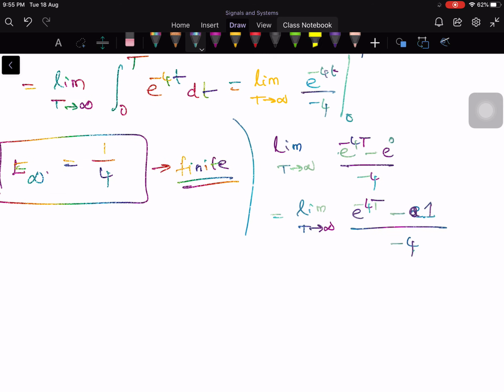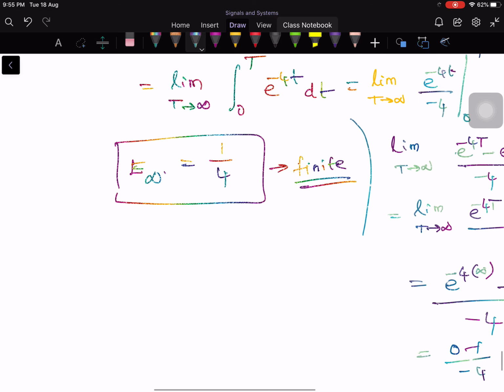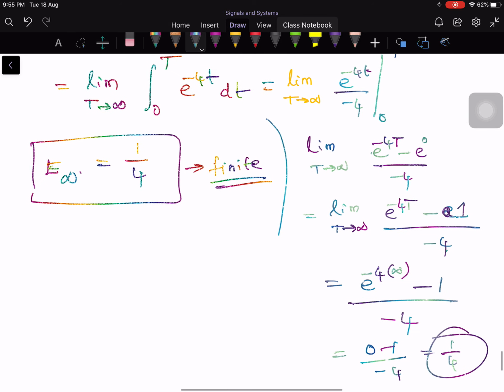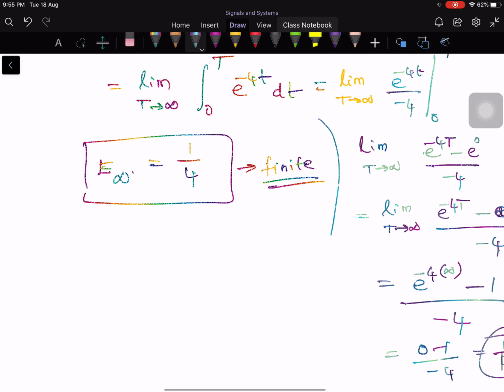When T goes to infinity, this becomes e power minus 4 times infinity minus 1 divided by minus 4. What is this value? E power minus infinity is 0. Therefore 0 minus 1 divided by minus 4, which is equal to 1 over 4. That's it. So therefore the energy is 1 over 4.